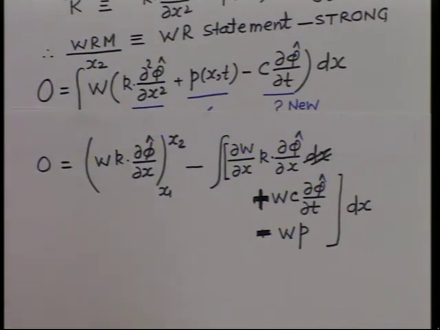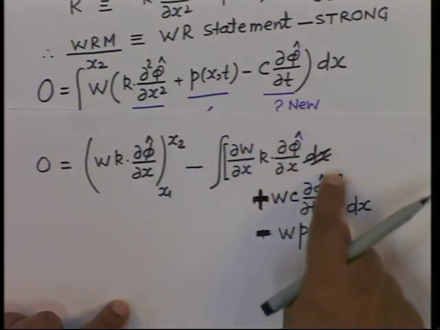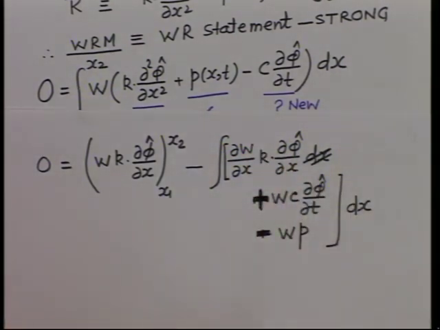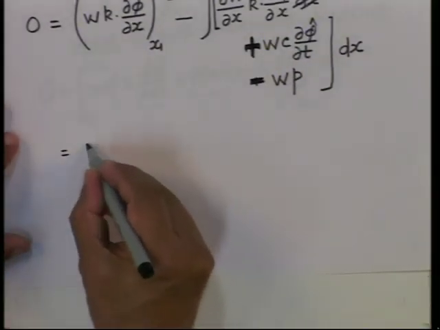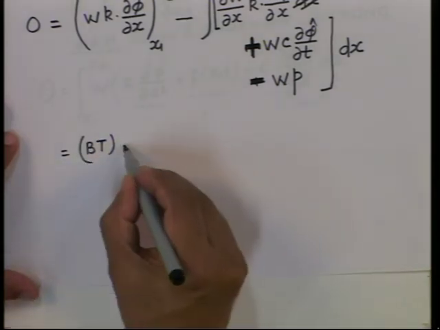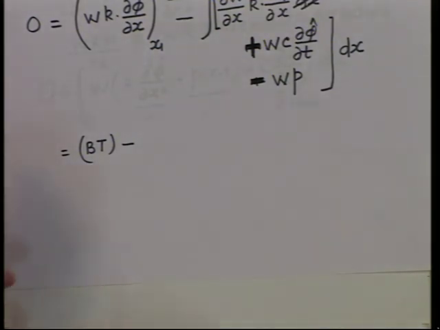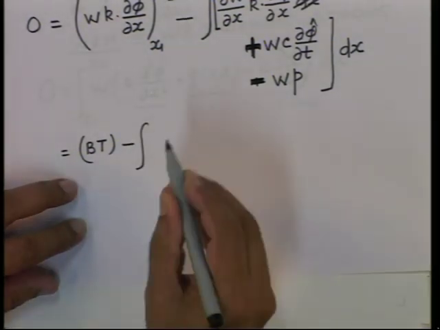And then next is, so these two you have already done, this and this we have already done. The only thing is we have to deal with this. So, what will be the form of this? The form of this will be, so I will write here only boundary term minus integral.